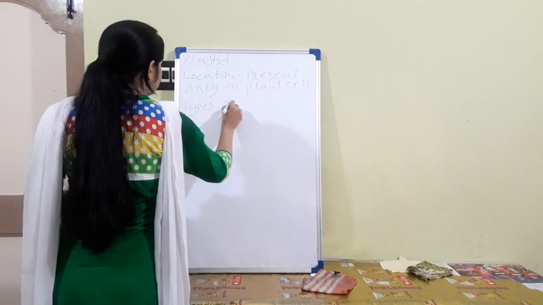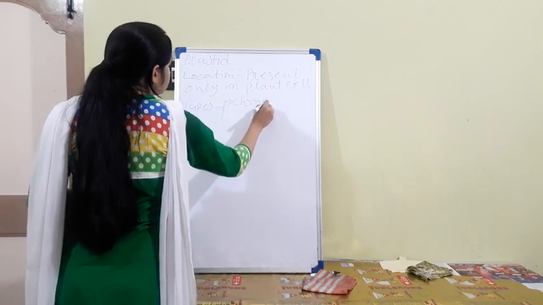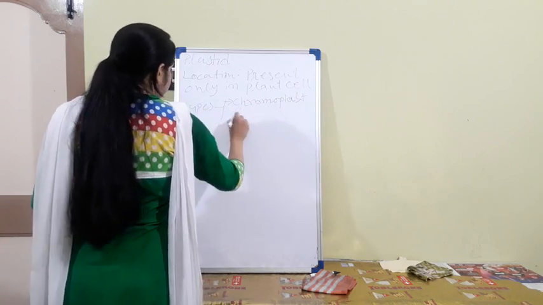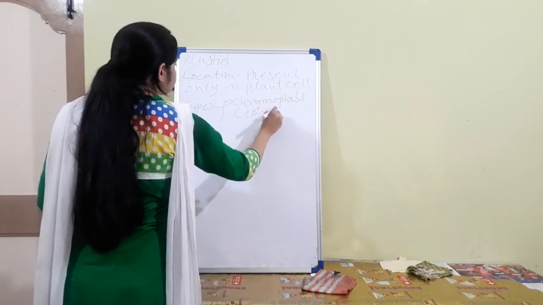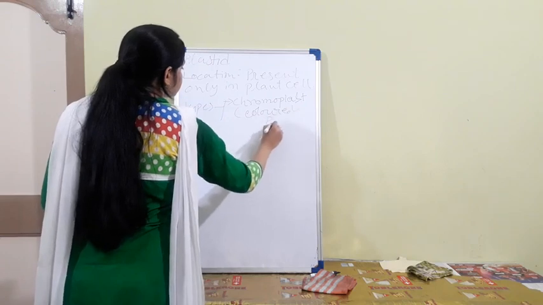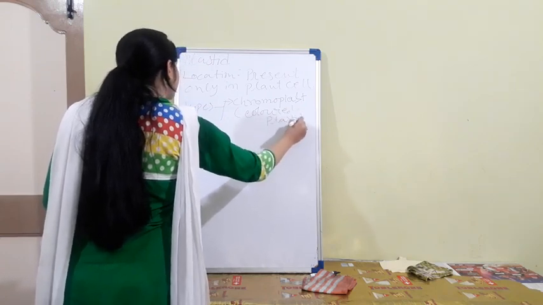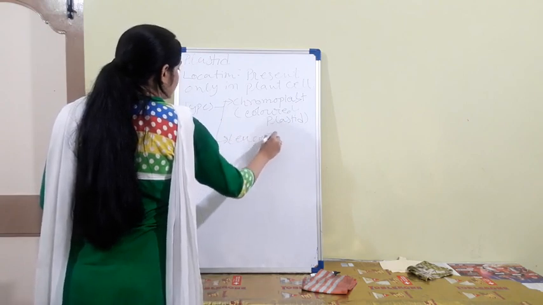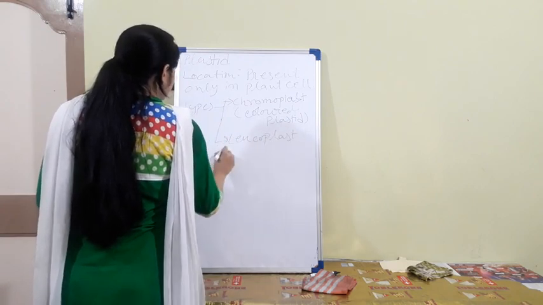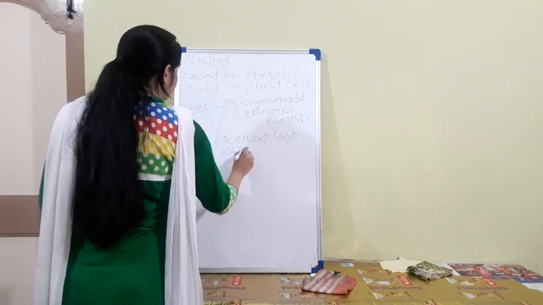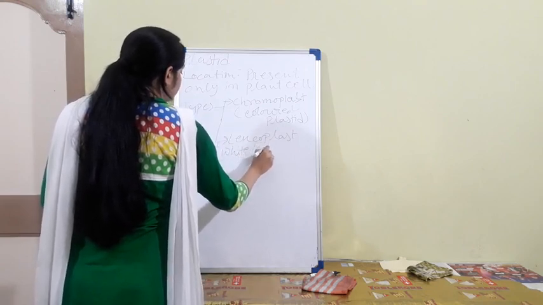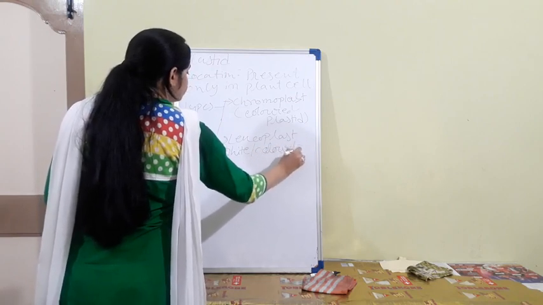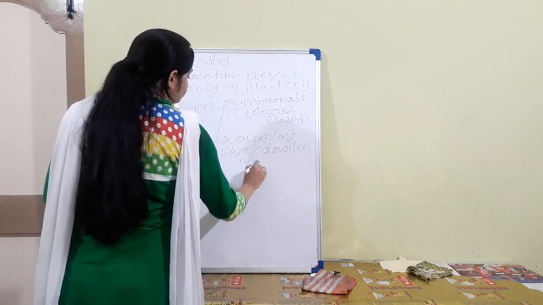Two types: chromoplast, that is colored plastid, and another one, leucoplast, that is white or colorless plastid.